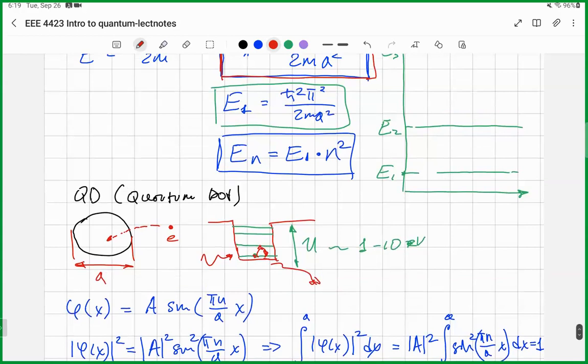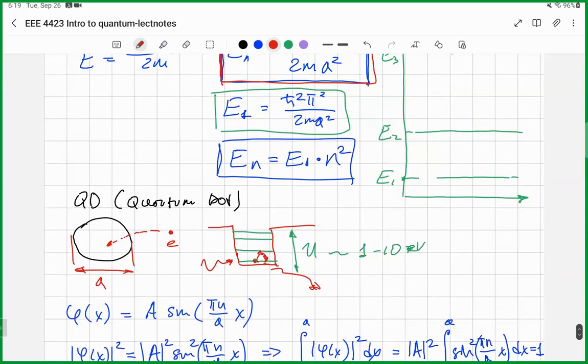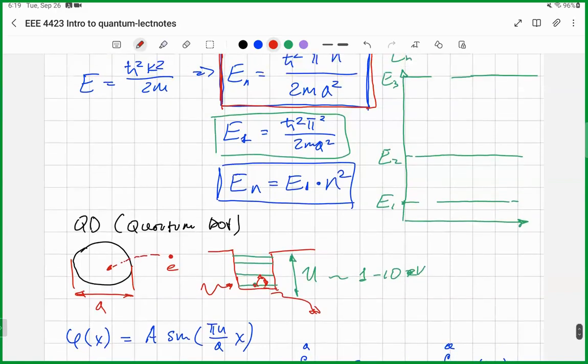We see that if we make this size very large, then the energy will be very small, and the separation between the energy levels will also be very small, and this quantization is gone. So for a large system, the quantization does not manifest itself.